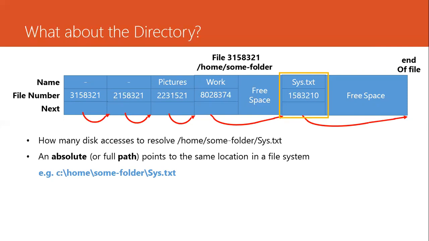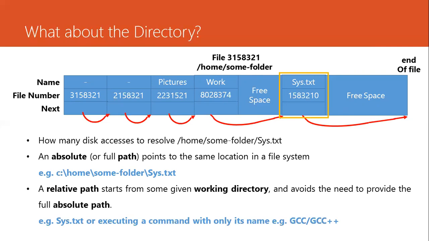Especially if you are working with deeply nested directories. There is another scheme which makes this easier, through what is usually called the current working directory. Relative paths use a location relative to the current working directory, because now you would only refer to a file by just its name.